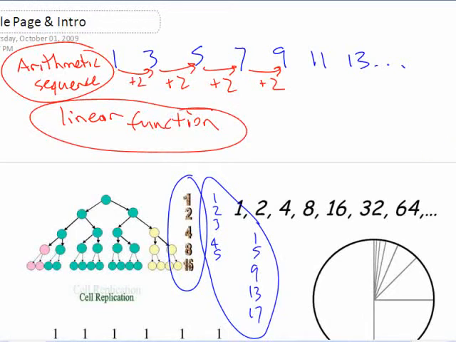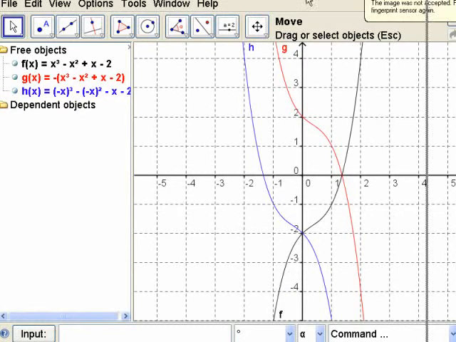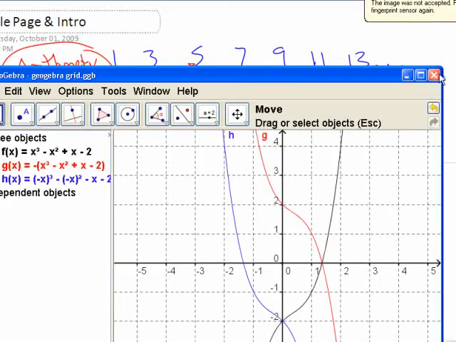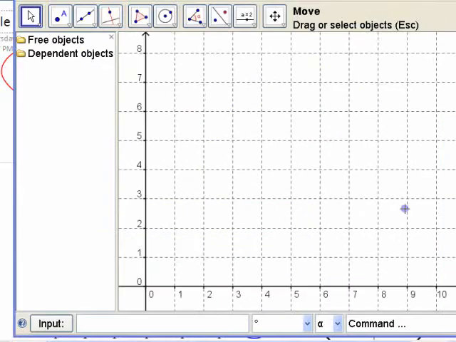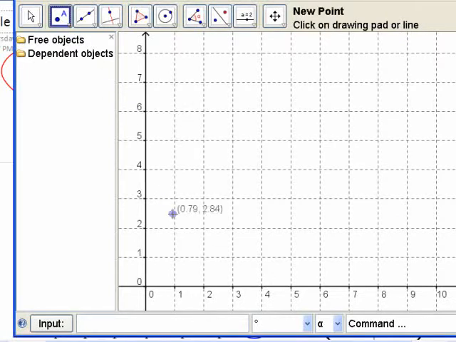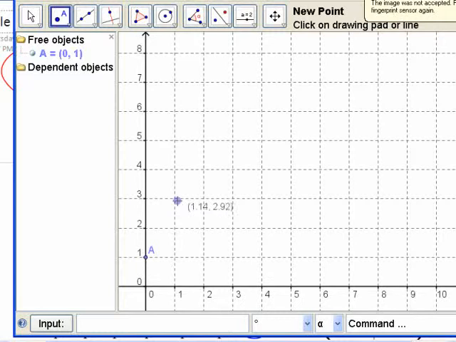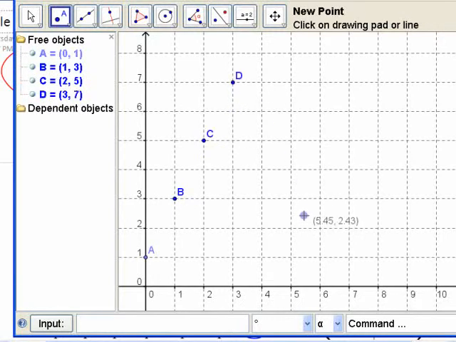If you were to graph all those points, let me see if I have this open here somewhere. Okay, if we put some points on here for an arithmetic sequence, what was the one I just said? 1, 3, 5, 7, and so on, like that.